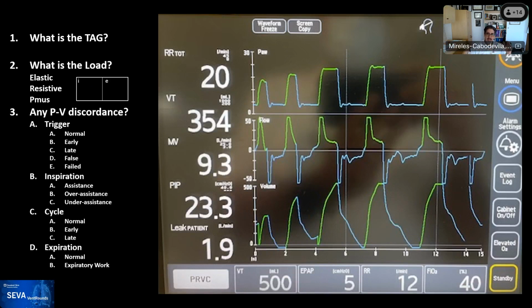And so we're going to take this with peace and love, and we're going to start with the tag, okay? And as you know, the tag has 3 components. So let's start with the first one, by defining what we are controlling on this breath sequence that you can see here.